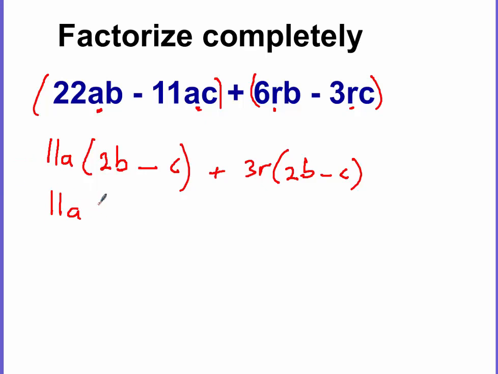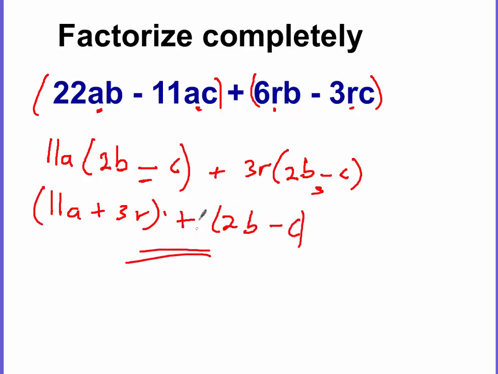So 11a plus 3r in one bracket, then plus, check those terms in the bracket, they are the same, so we can easily pick 1 minus c. Good, and that is the expression or the answer to that question.